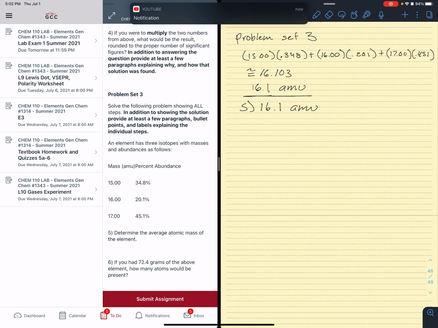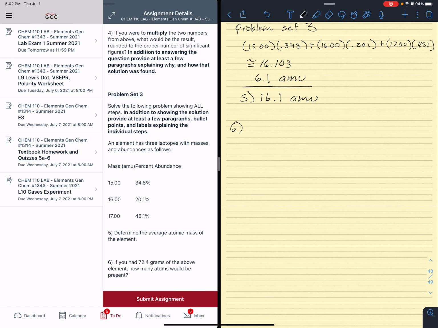And now we go on to number 6 of the same problem set 3. It's asking, if you had 72.4 grams of the above element, how many atoms would be present? So we start off with what we're given, which is the 72.4 grams.